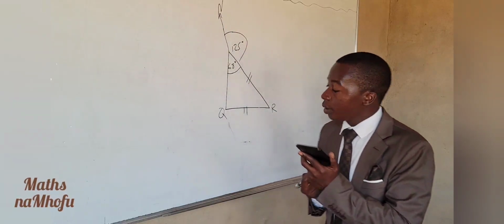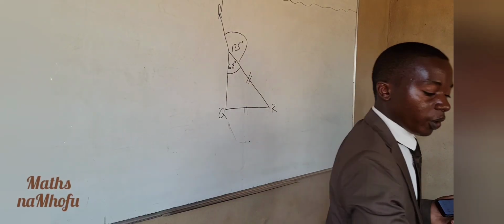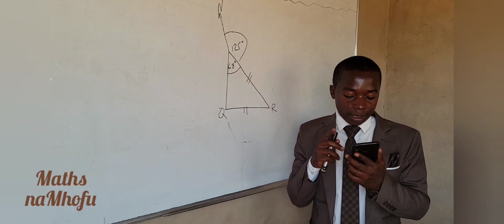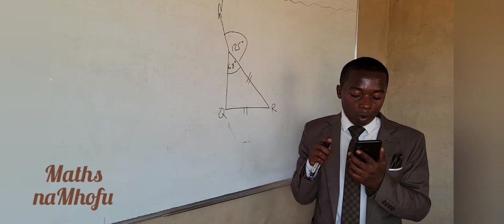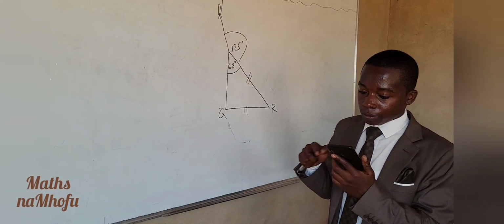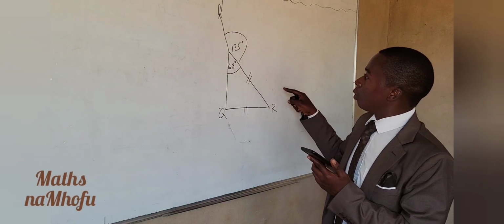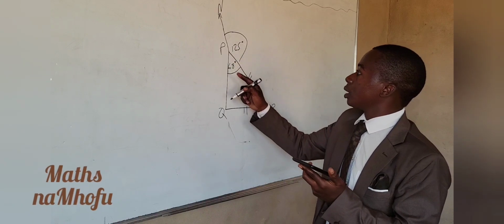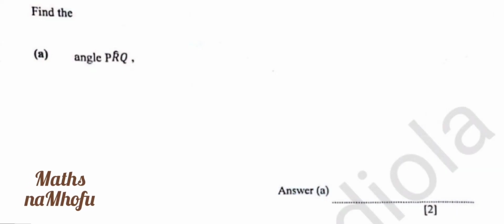I'm not good at drawing, as I always tell you, so try to see this as a perfect diagram. The question is asking us to find angle PRQ. Where is P? P should be here. PRQ. That is what we are asked to find.